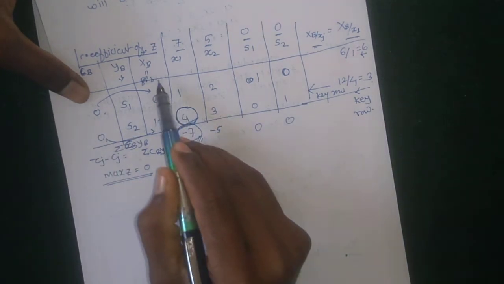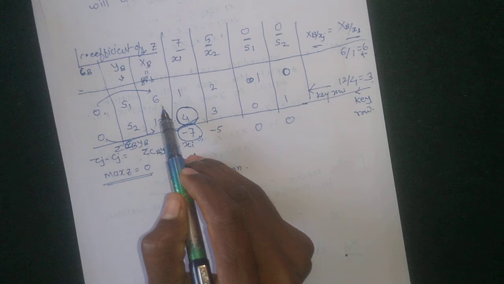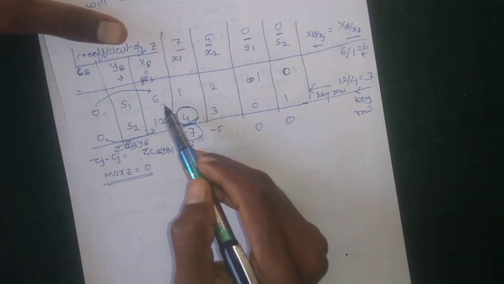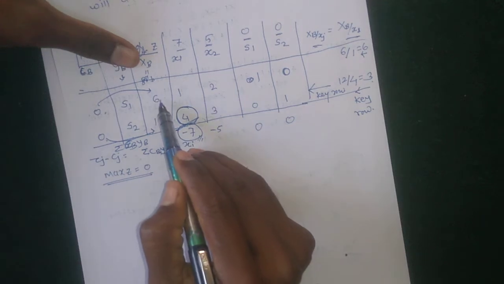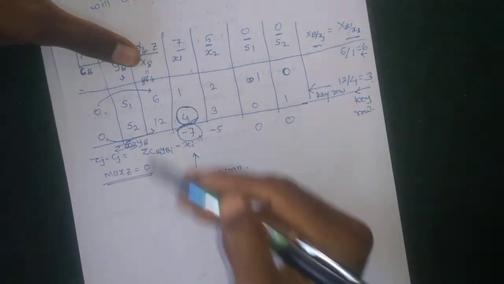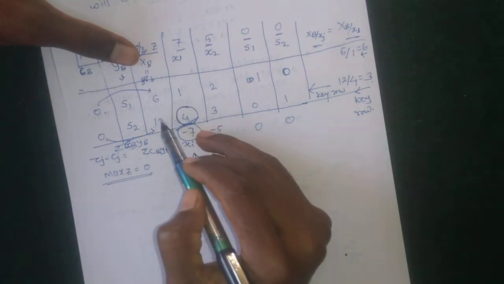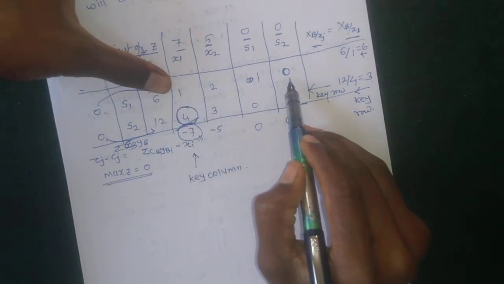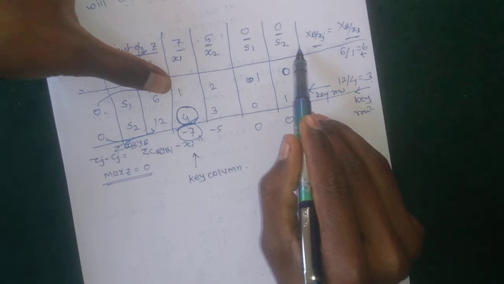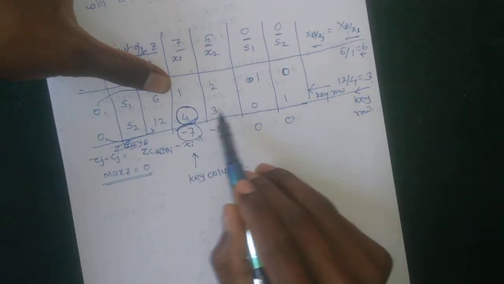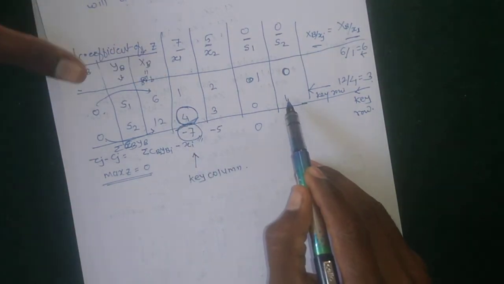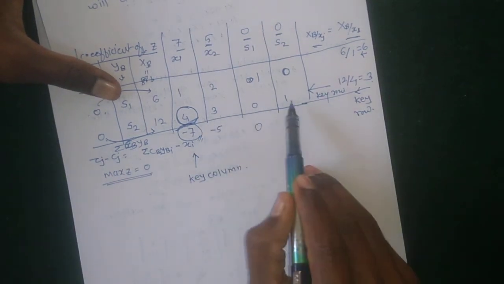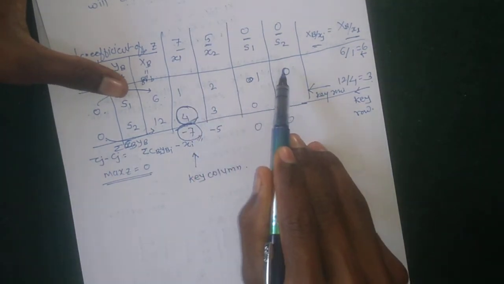Then XB means write the RHS of the constraints, that is 6, 12, whatever may be given. And here take the coefficients of the first constraint for x1, x2, s1, s2. Then similarly write all constraints, the second constraint's coefficients, and the first constraint's coefficients.